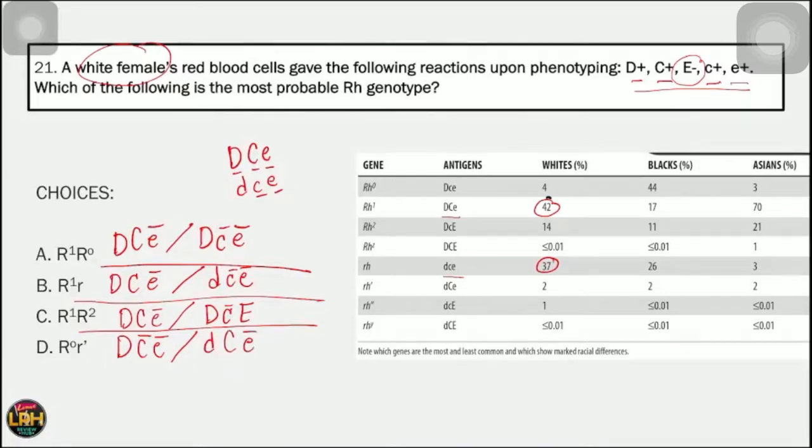Take note that I'm using bars to indicate small letters, so that hindi tayo masyadong malito if this is big or small letter.